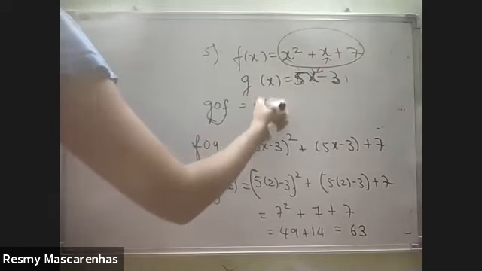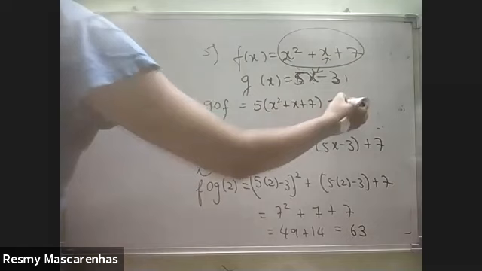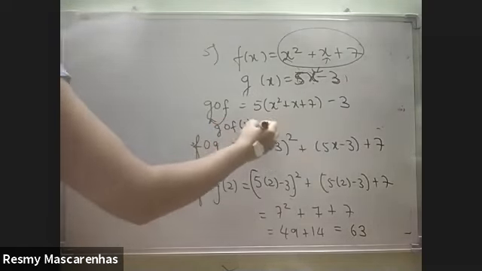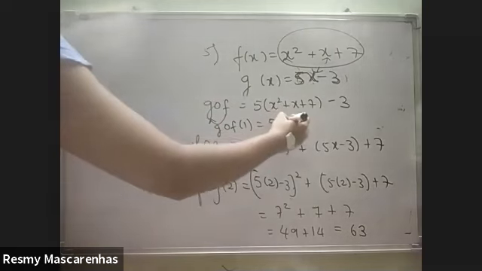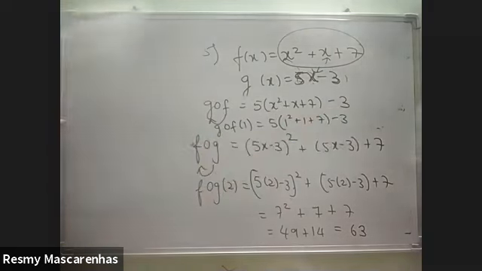So 5 into, and now put the value as 1. No need to first simplify, I can directly put the values. So that will be 8, 9, 45 minus 3. So the answer will be 42.